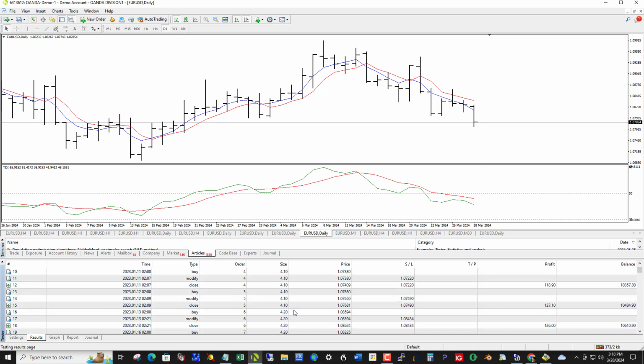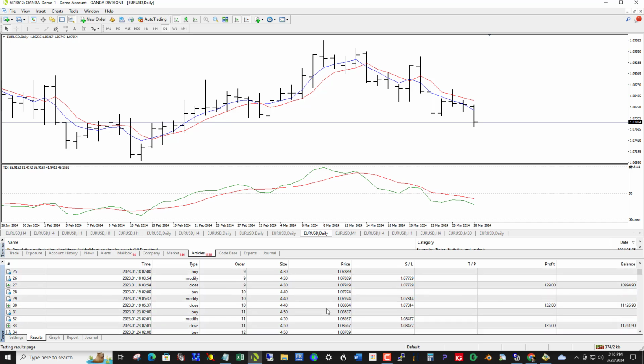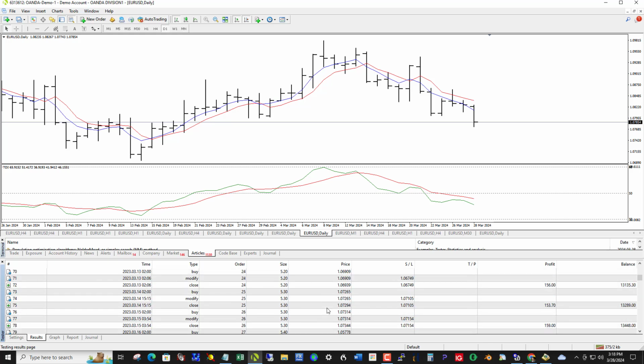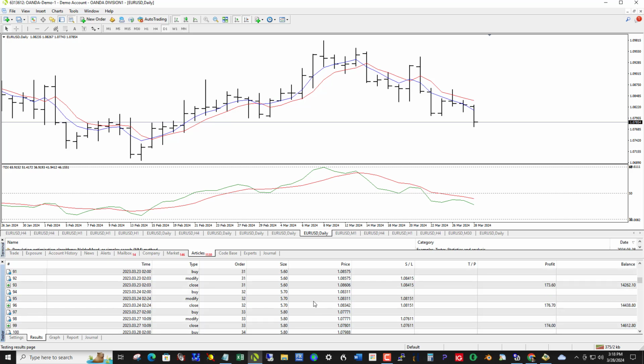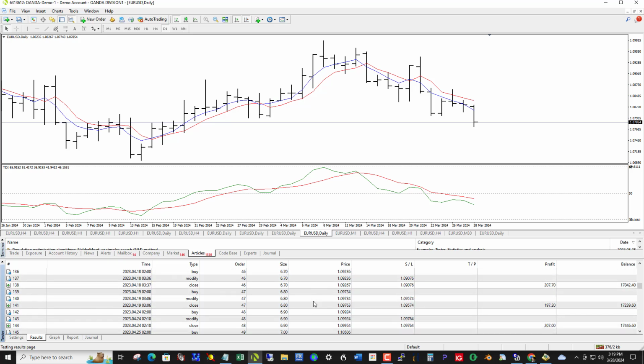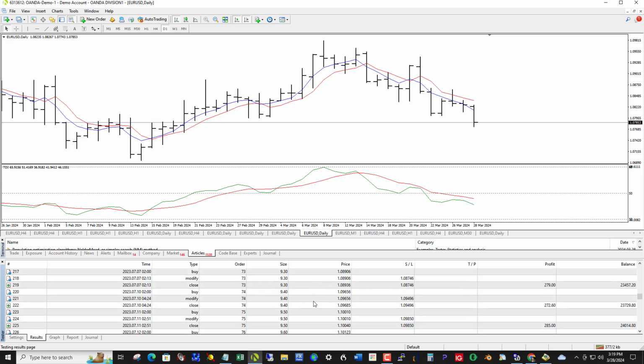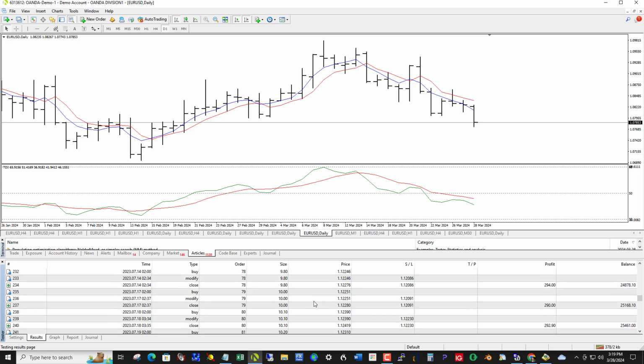But as it keeps growing the balance here, it's growing the number of lots. And using Oanda, which has essentially a working 40% margin rate, with a $10,000 balance you're really limited to 4 lots.